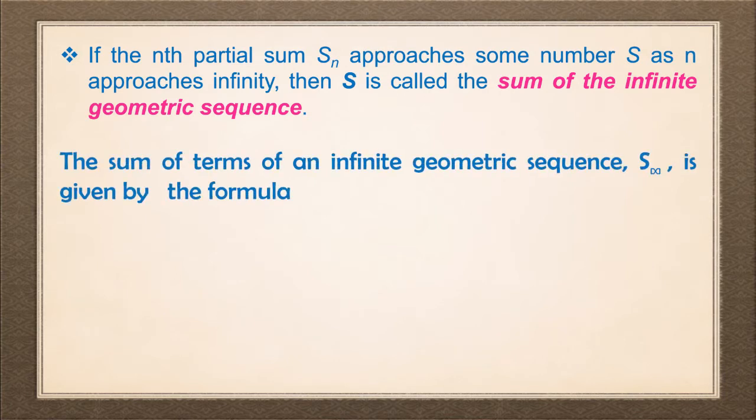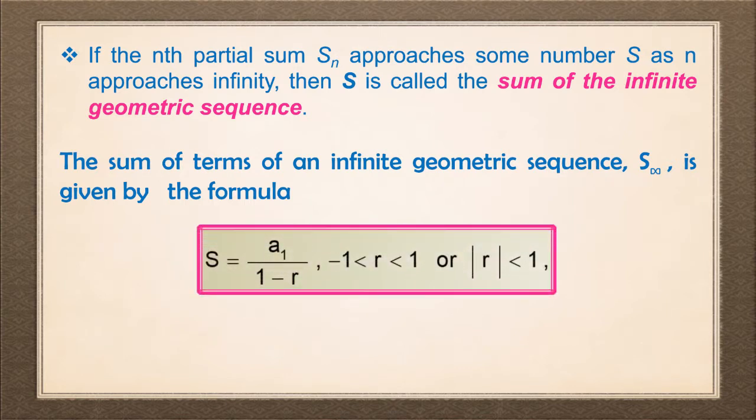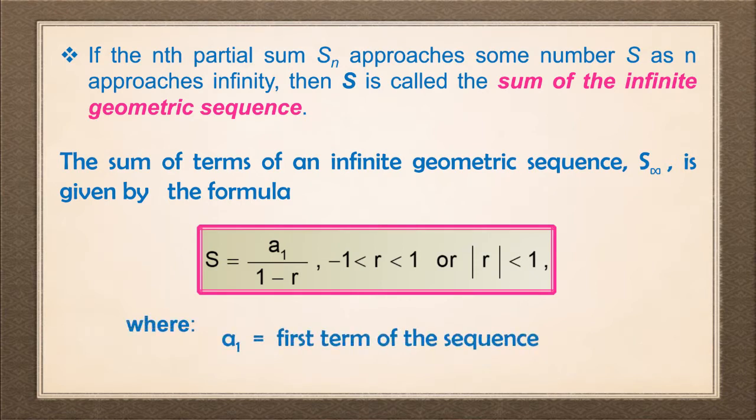The sum of the terms of an infinite geometric sequence, S sub infinity, is given by the formula S equals a sub 1 all over 1 minus r, where r is between negative 1 and 1, or the absolute value of r is less than 1, a sub 1 is the first term of the sequence, and r is the common ratio.